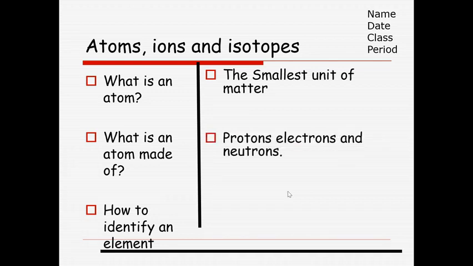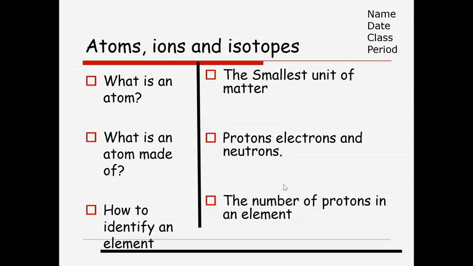So, what are atoms made of? They're made of protons, electrons, and neutrons. And we're going to get into more of each of those. But the important one to remember is protons, because the number of protons tells us what element we have.